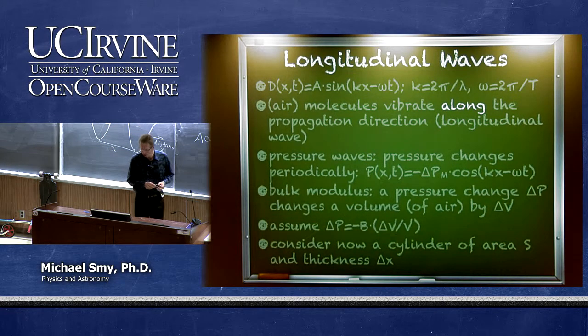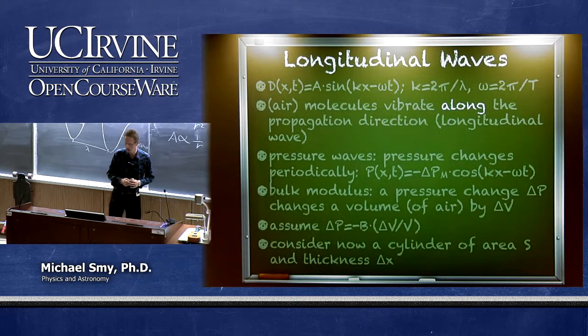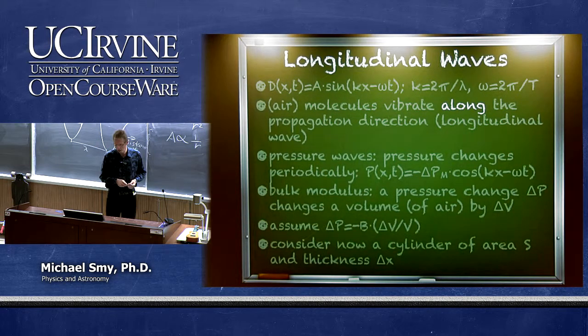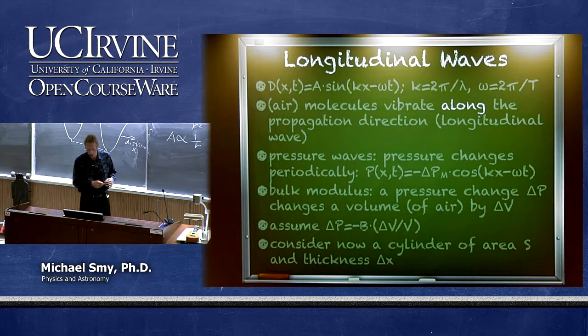So to further describe the sound wave in, for example, air, we need an additional dynamic ingredient, and that is the so-called bulk modulus. A bulk modulus describes how compressible volume changes when you apply pressure.